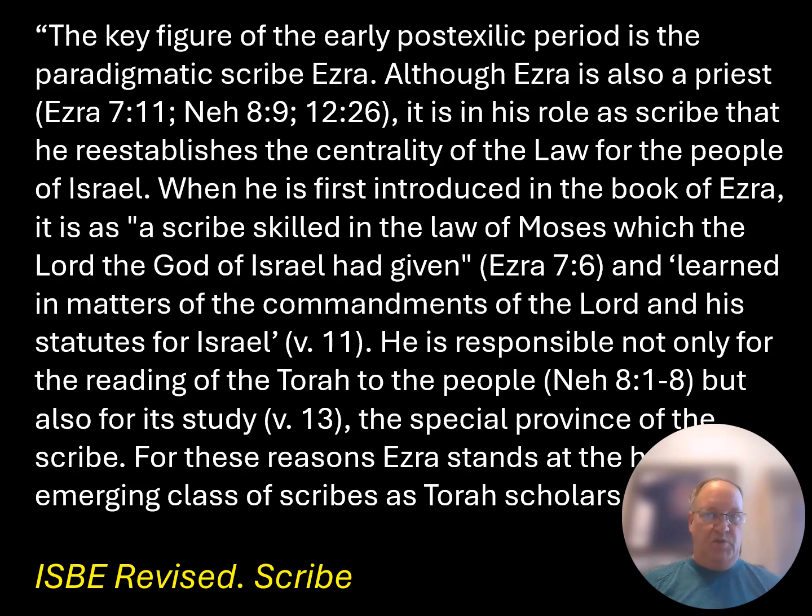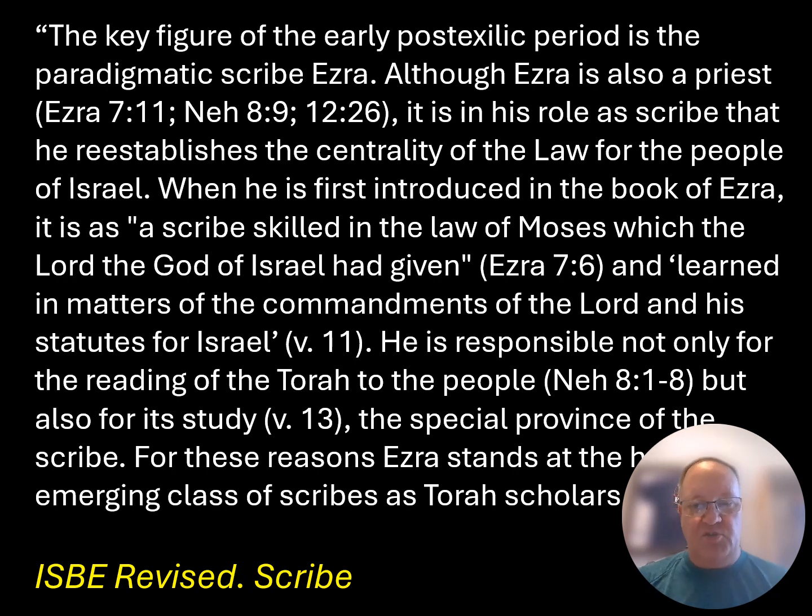When he's first introduced in the book of Ezra, it is as a scribe skilled in the law of Moses, which the Lord, the God of Israel, had given, and learned in matters of the commandments of the Lord and his statutes for Israel. He is responsible not only for the reading of the Torah to the people, but also for its study, the special province of the scribe.